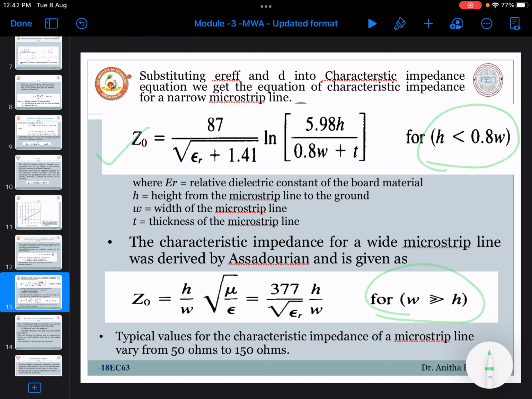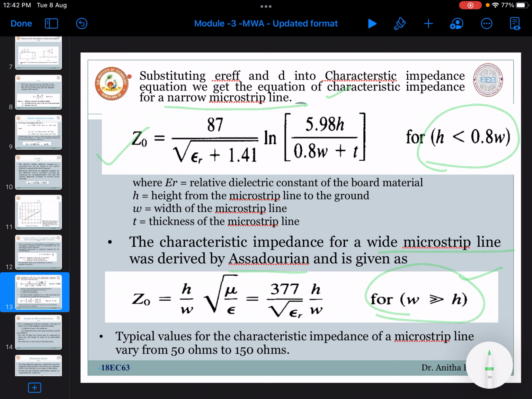If W is much larger than the height, we also call it a wide microstrip line. This is a thin or narrow microstrip line. So for a thin microstrip line, use this. For a wide microstrip line, use this formula. These are the formulas derived by these two persons.